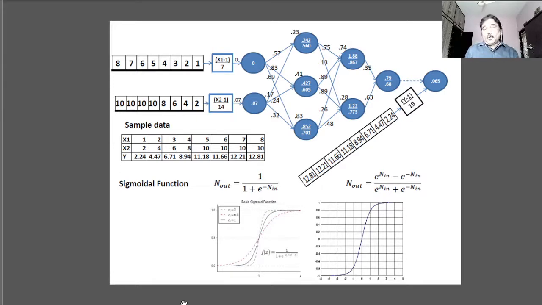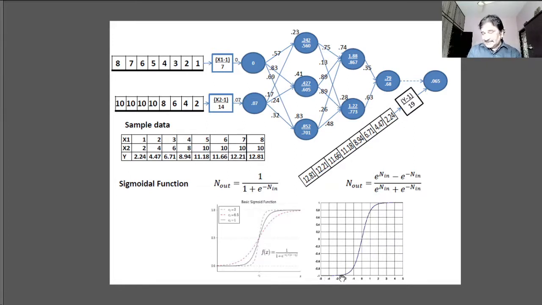But in no case will it be lesser than 0 or greater than 1. So this function has the property of converting any value to a value between 0 to 1. All right. Now this is another sigmoidal function. This is e to the power n_in minus e to the power minus n_in upon e to the power n_in plus e to the power minus n_in. Something like hyperbolic tan, right?